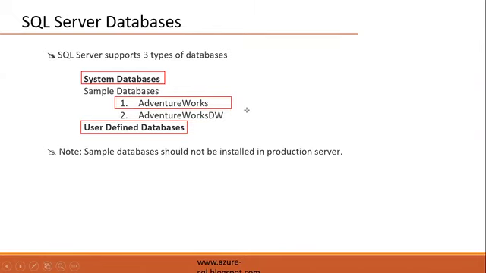Generally, the AdventureWorks database is a sample database, which has some sample tables, sample stored procedures, everything. We can use this for learning or testing purposes. Clear? That's the purpose of sample databases.